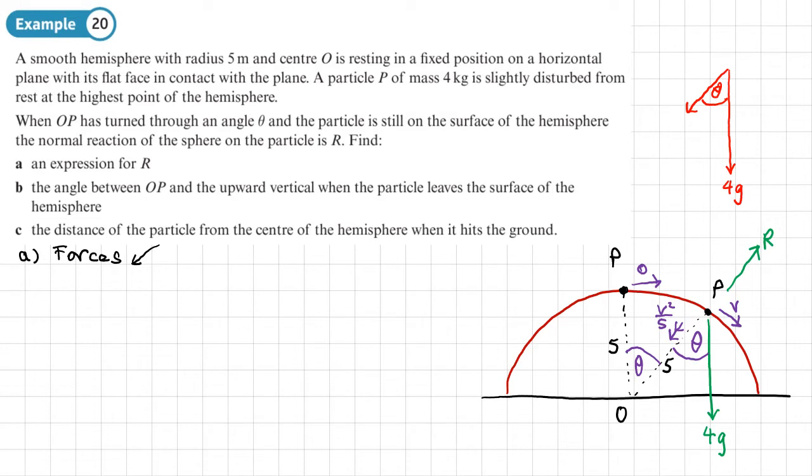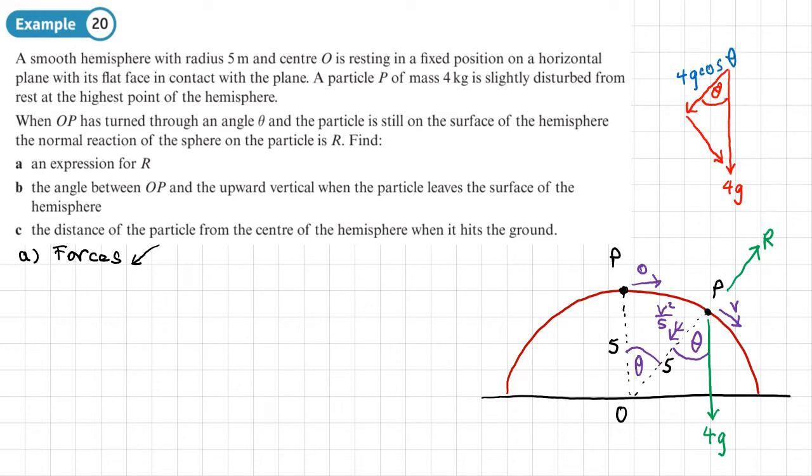And I want to know what this component is. I'll put the other component in, although I won't need it for this part of the question. I may not need it at all. And I can see that this part here, the bit that I need to resolve towards the center, is going to be 4G cos theta.